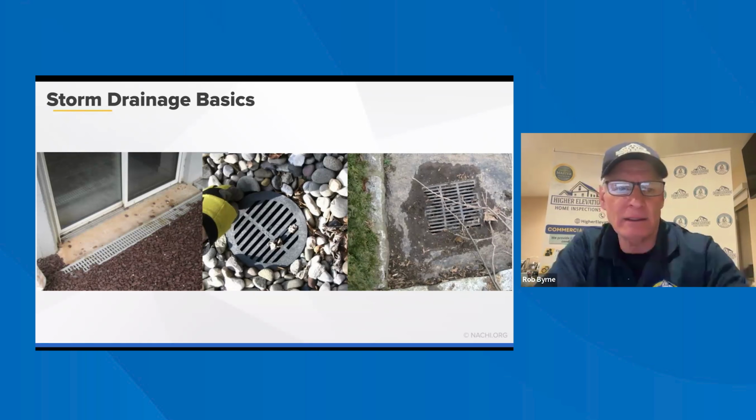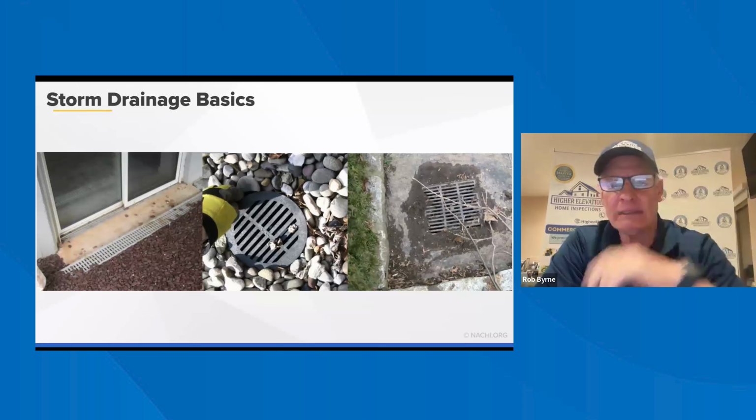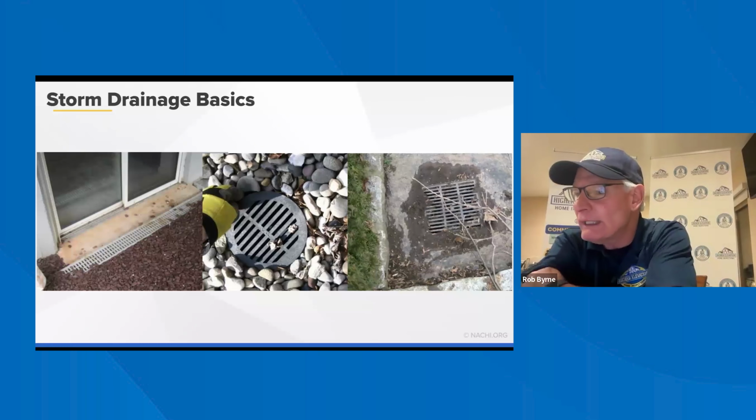And then like on this sliding door, you don't really have a threshold coming out. So anything that builds up is going to go in pretty easily. So you put these drains in, but you got to keep them clear, otherwise they're not going to do that job. Connection of floor drains to storm drain system is not permitted.